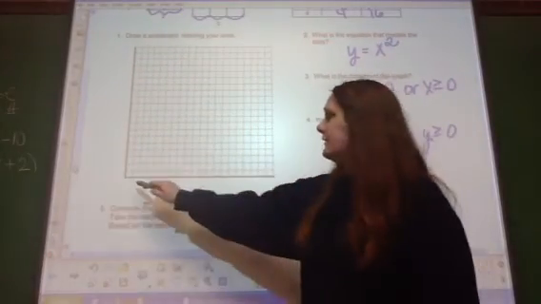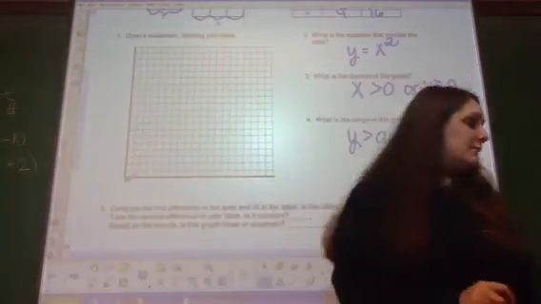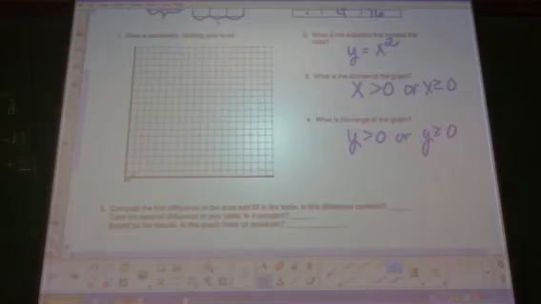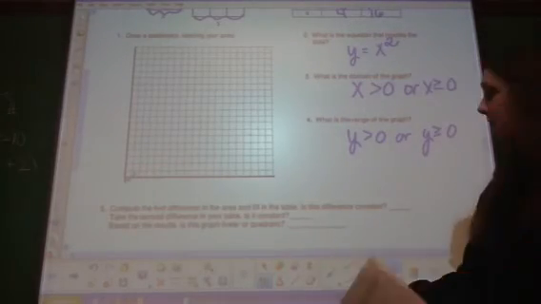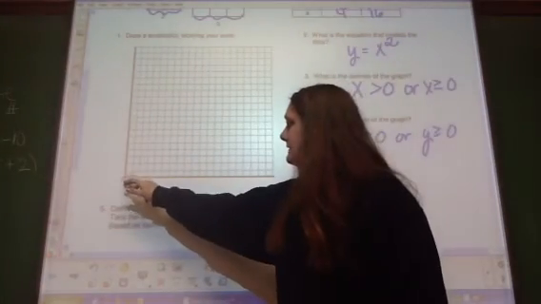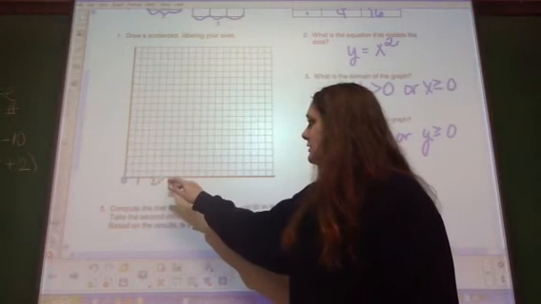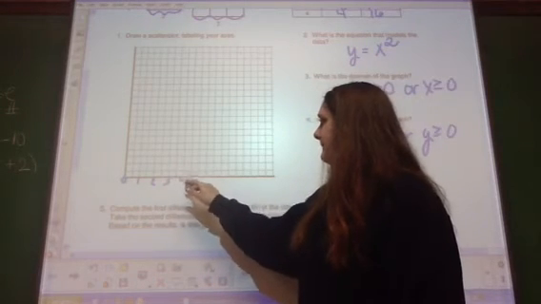So look at your graph here. I think I labeled these by every other one down here. So if this is 0, we had 1, 2, basically counted by 0.5.